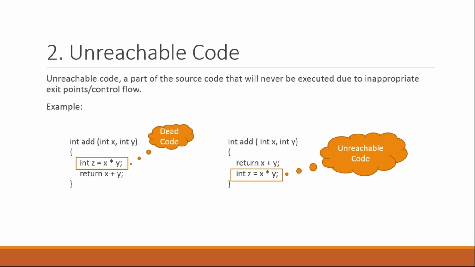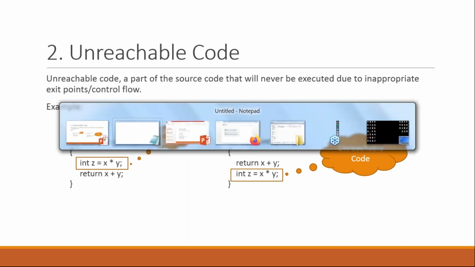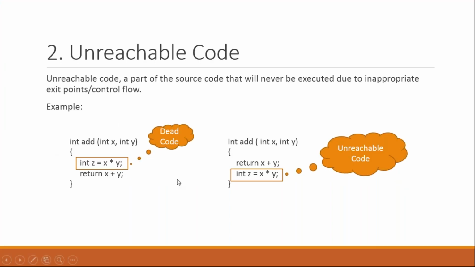Once I return some value from my function, the flow of the function is handed over to the next process, so you can never reach the next line after the return statement. This is the major difference between unreachable code and dead code.